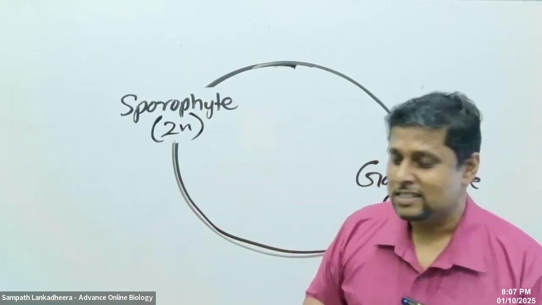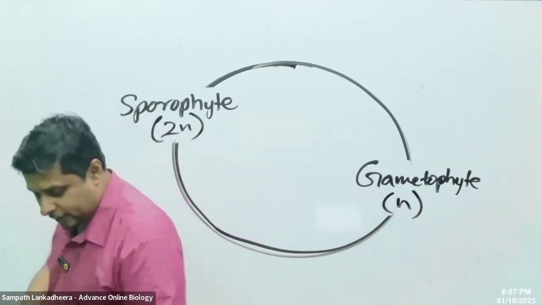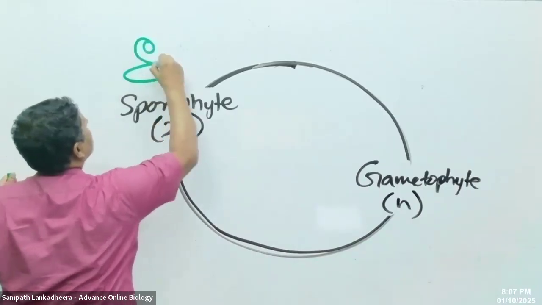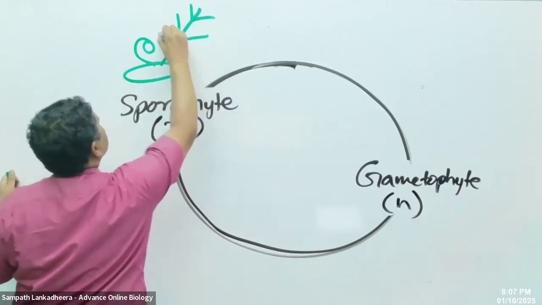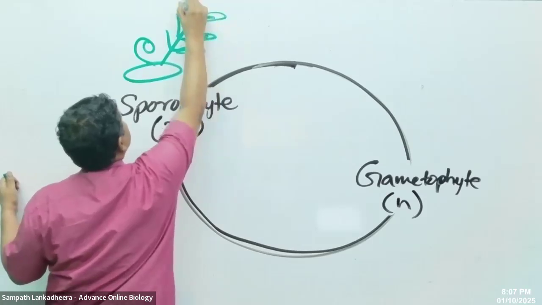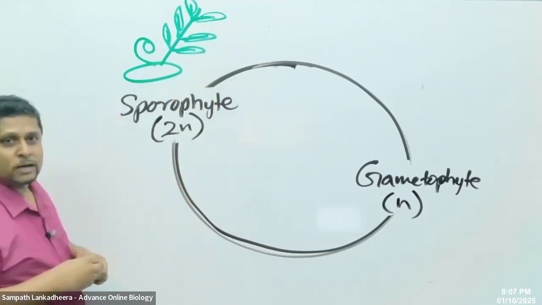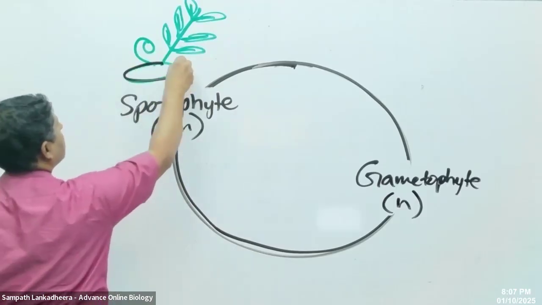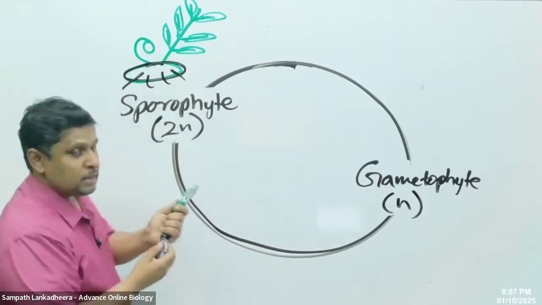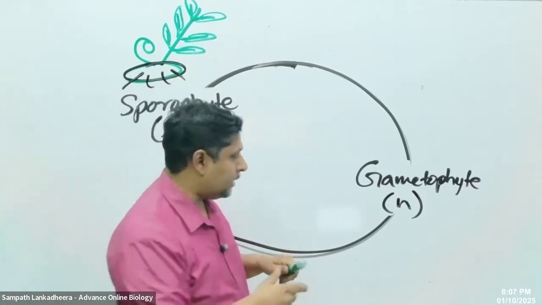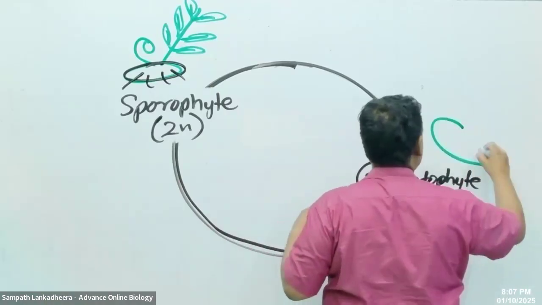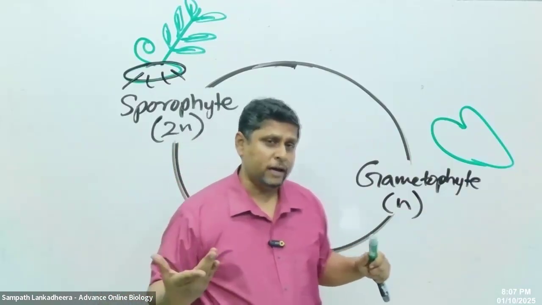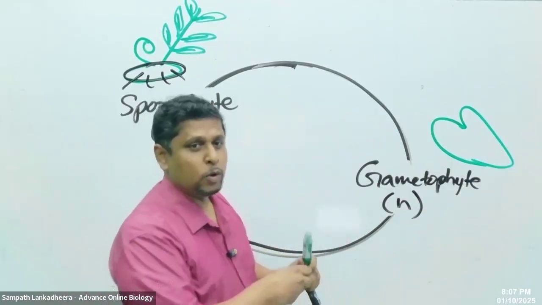But the special point is whether the sporophyte and the gametophyte are visibly different. In land plants, the appearance of the sporophyte and the appearance of the gametophyte are different. When they are different in appearance, then you call it heteromorphic.